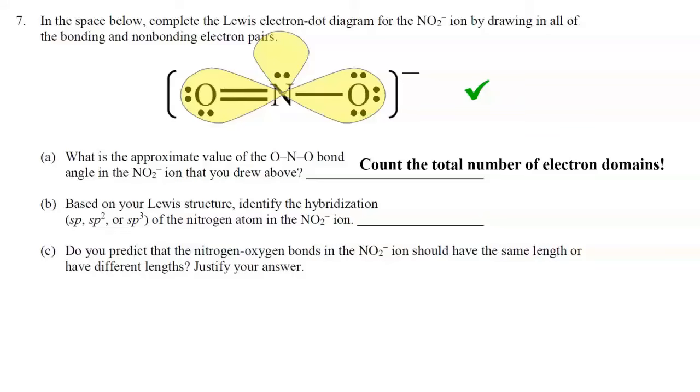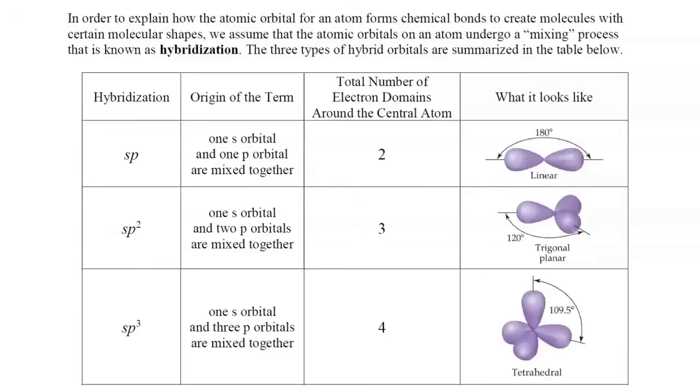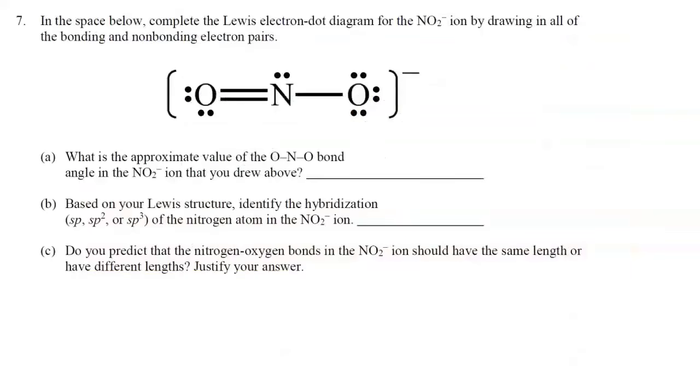That is a total of 3 electron domains. That would correspond to sp2 hybridization, and we would expect a bond angle of approximately 120 degrees. So approximately 120 degrees for the bond angle, and sp2 for the hybridization, because there are 3 electron domains around the central atom.